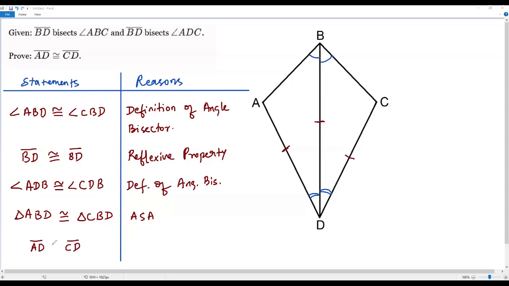These two sides are corresponding sides and they must be congruent by CPCTC, that is, corresponding parts of congruent triangles are congruent. So side AD and side CD are corresponding parts of the two congruent triangles, triangle ABD and triangle CBD, so they are congruent.